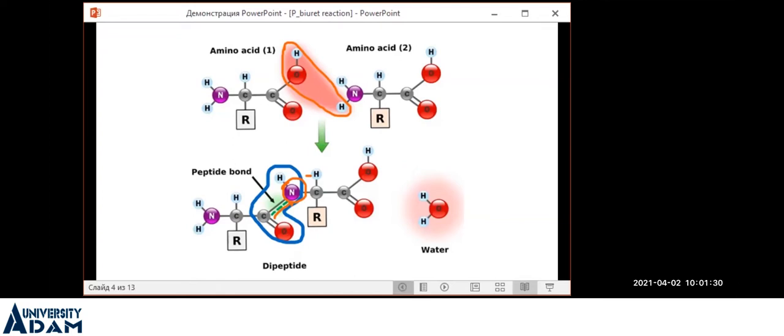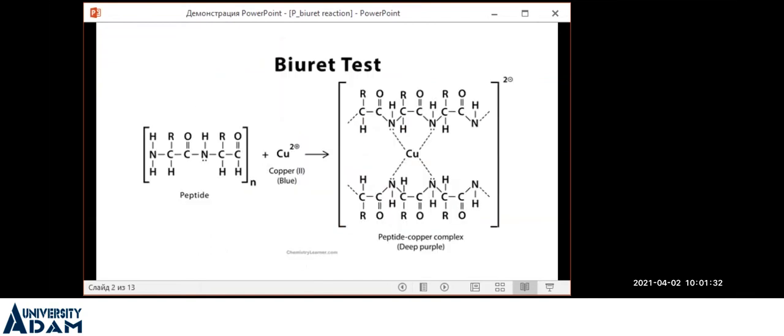If you see on the screen, in the peptide, in the nitrogen will be present two dots. It will be visible in the peptide, and it will be visible too in the peptide copper complex.